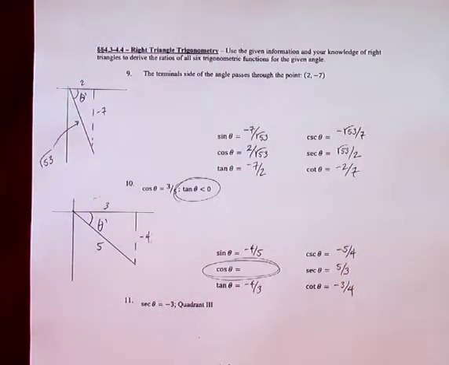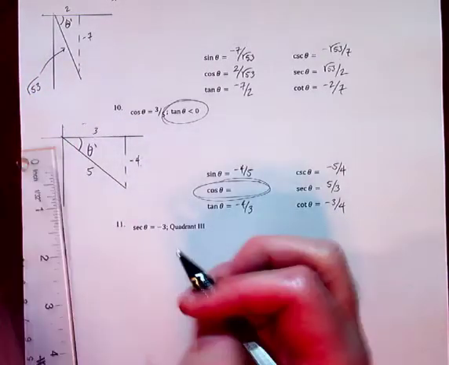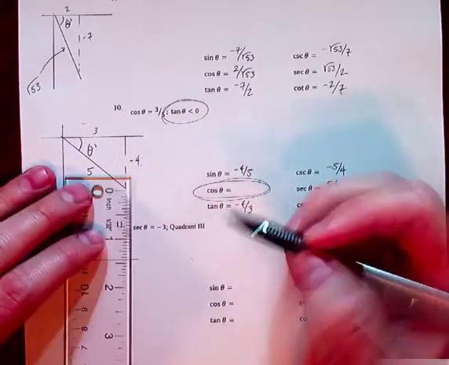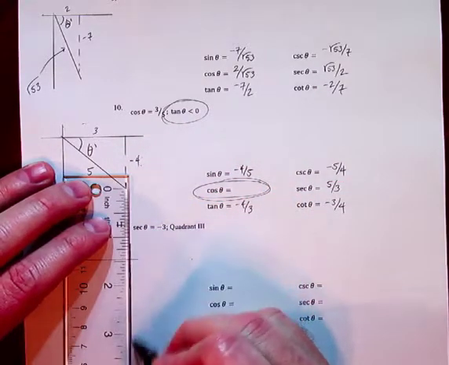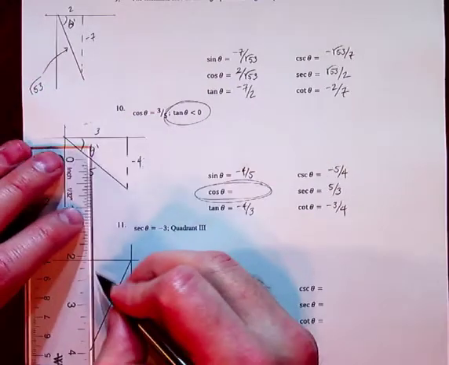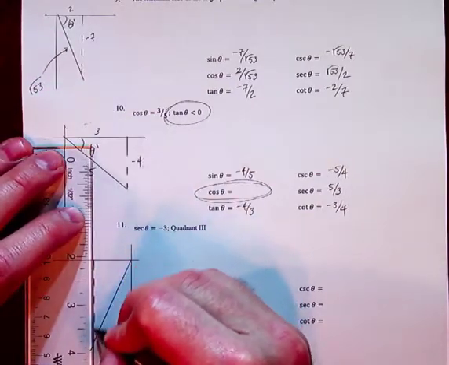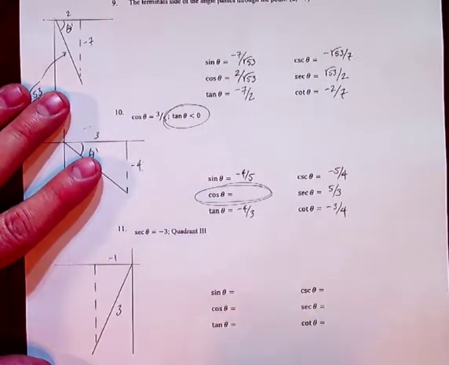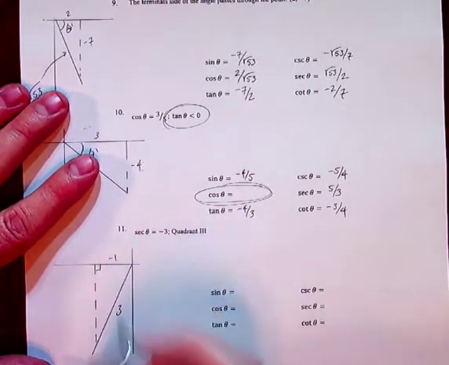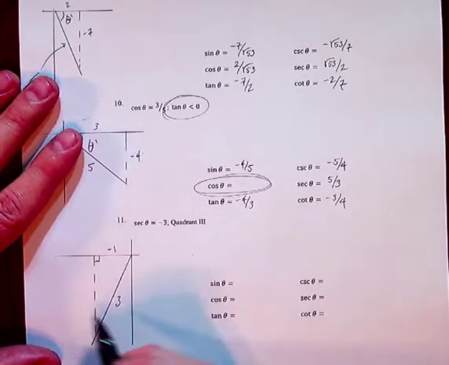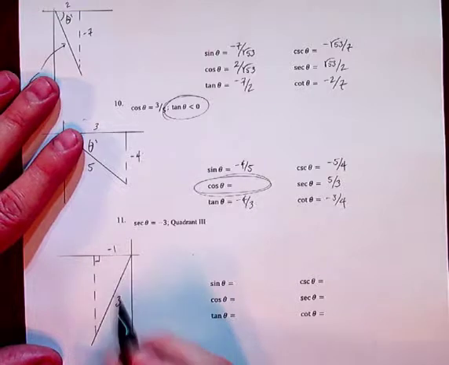Now, the next one. This one, actually, I was happy with the fact that everybody pretty much did what they should have done in this one. I explicitly said quadrant 3, so that probably wound up being a little bit easier. There were some people who, for some odd reason, thought that if I have 3 and I have -1, that this over here is √2, which is kind of odd, because it's 3 squared minus 1 squared.